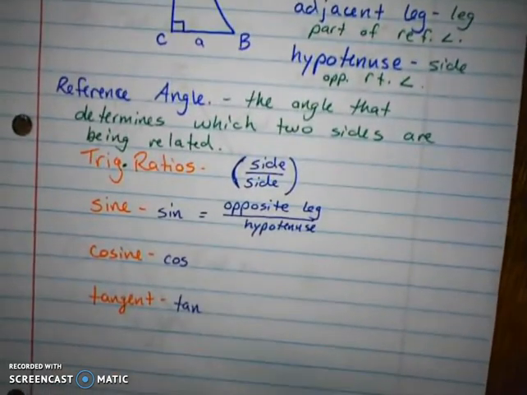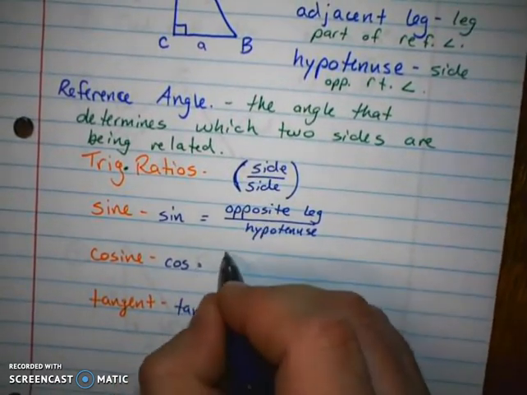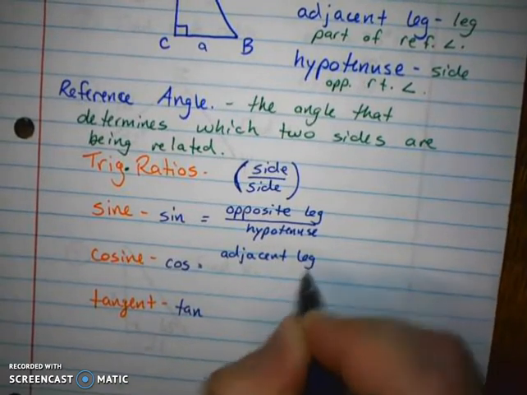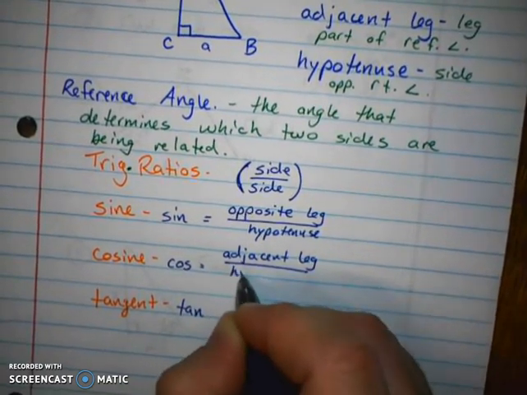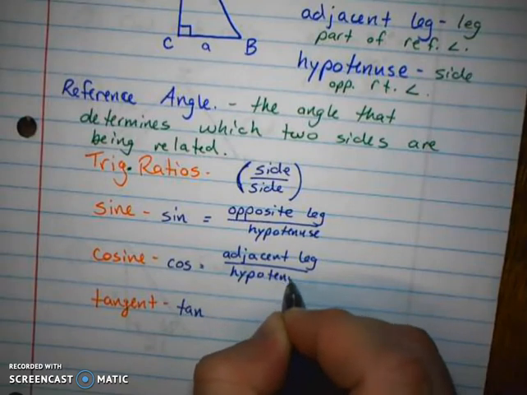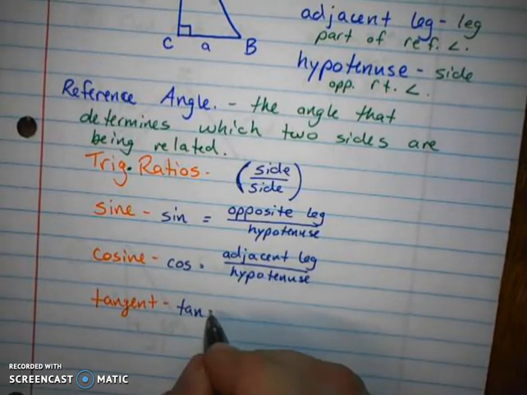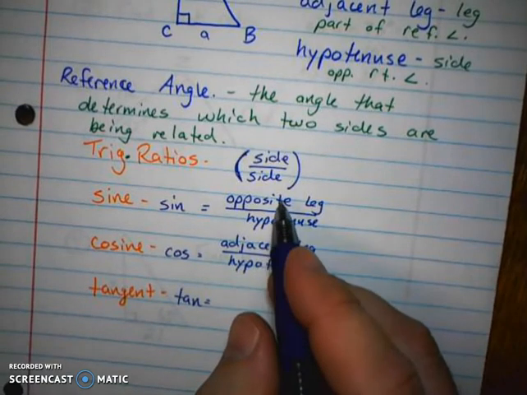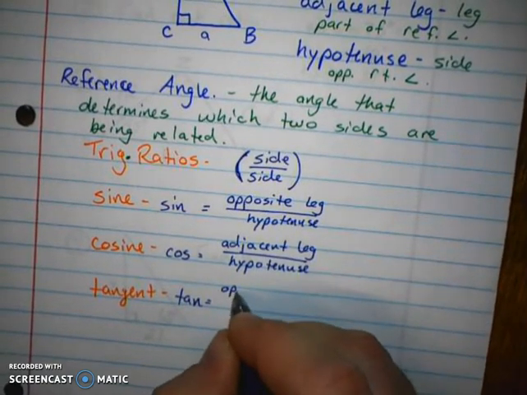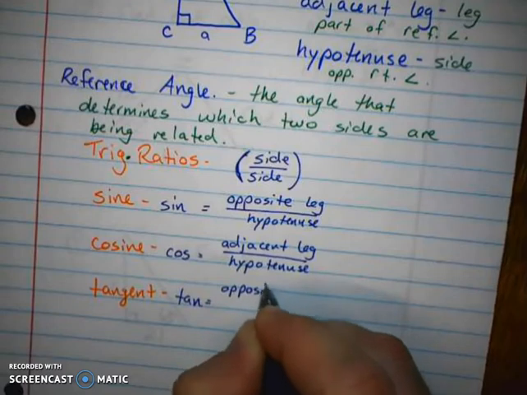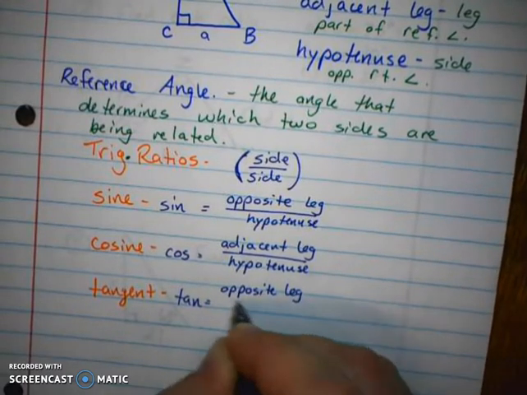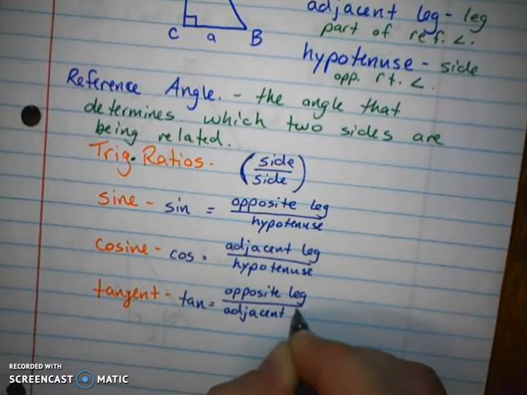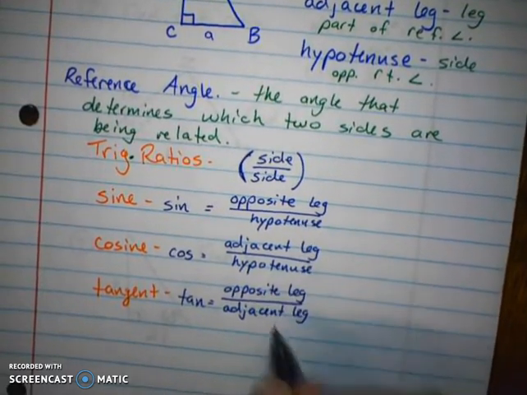The cosine ratio is always the adjacent leg over the hypotenuse. And the tangent ratio is always a comparison of the two legs. And it is also, or always, opposite leg over adjacent leg. So we're going to compare those.